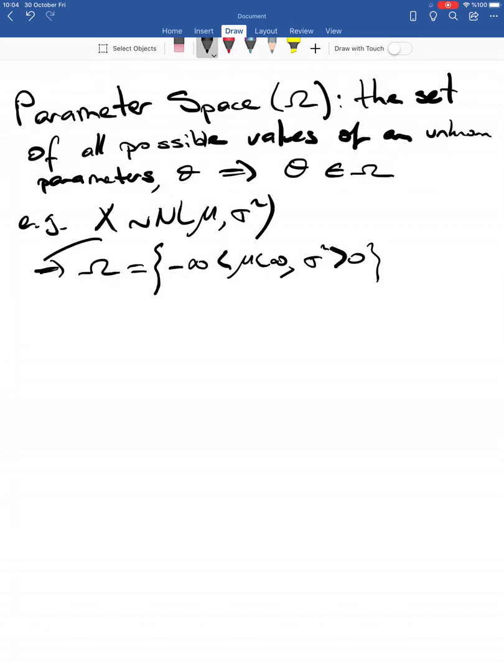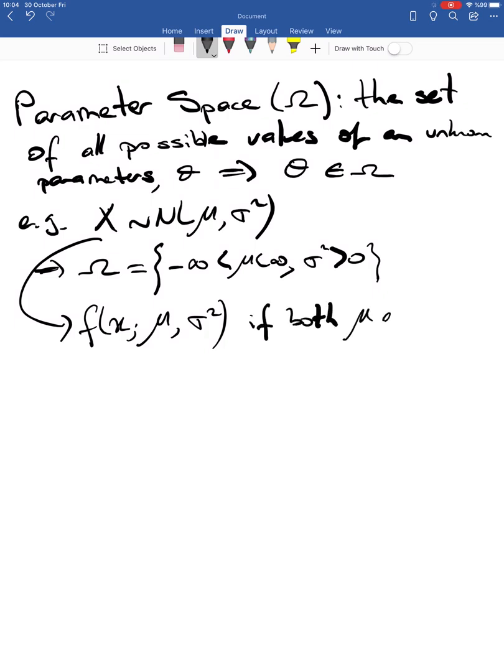For this case, if both parameters are unknown, we use this representation. We have unknown parameters mu and sigma square, if both mu and sigma square are unknown.